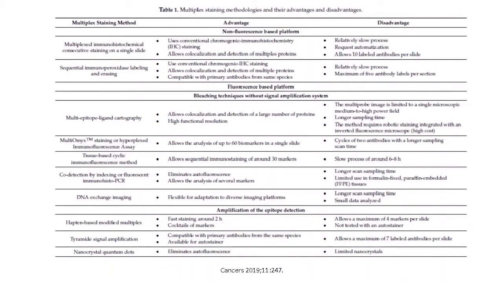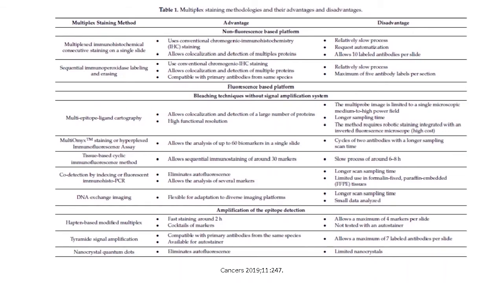Imaging mass cytometry is slightly different in that you use laser ablation. You basically burn off all of the antibody, including the metal ions, and then again by time of flight you can detect these and build up a similar picture in very much the same way.